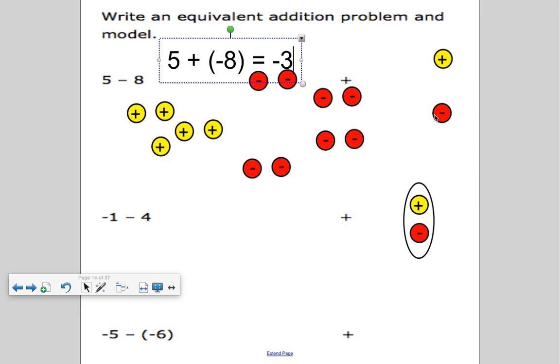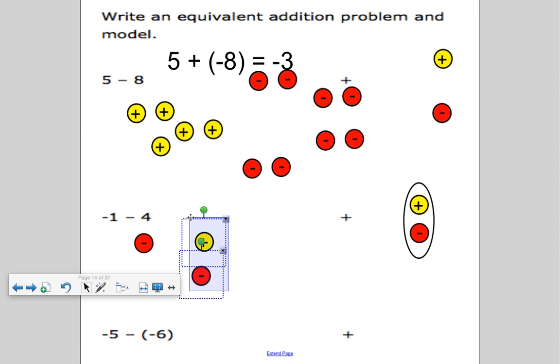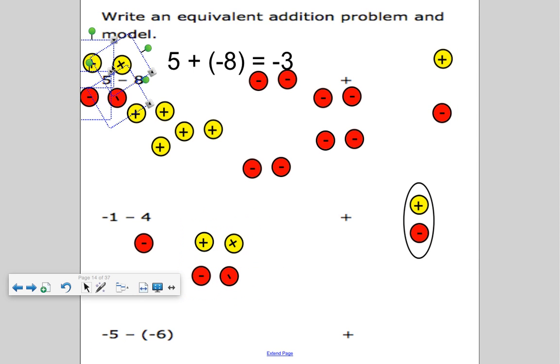Let's try another example. I start with negative 1. Can I take away 4 positives from this? No, I'm going to have to do some 0 pairs. So I need to add 4 0 pairs.